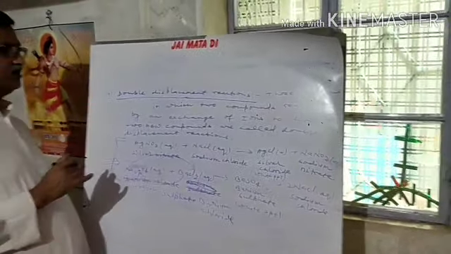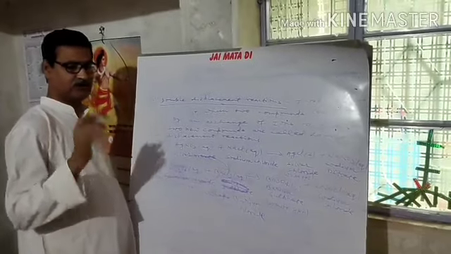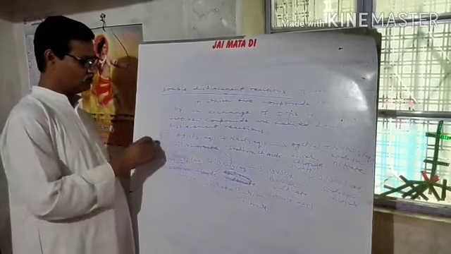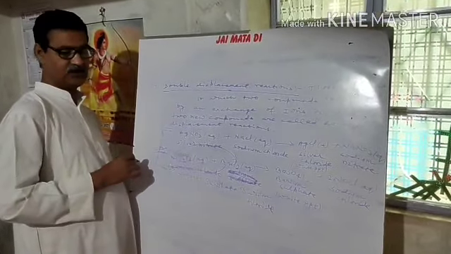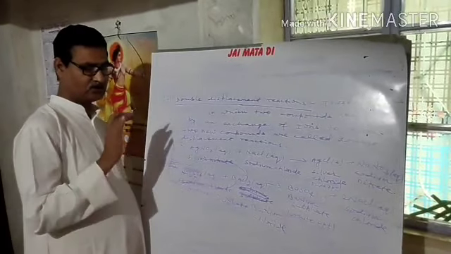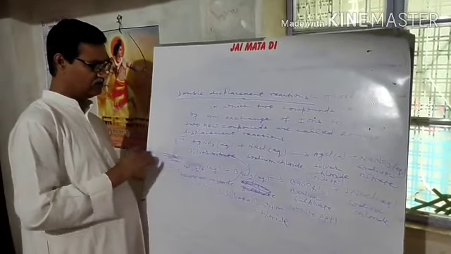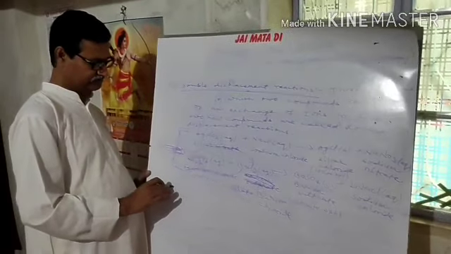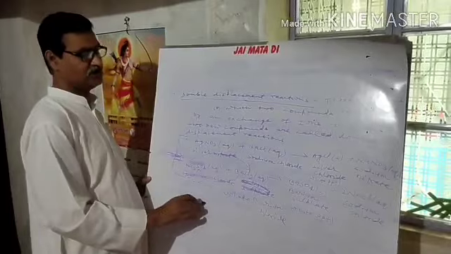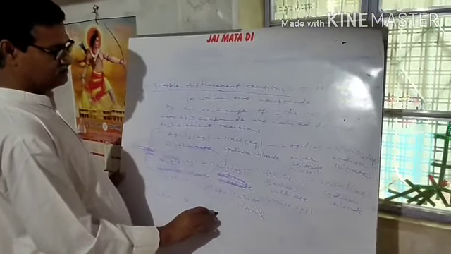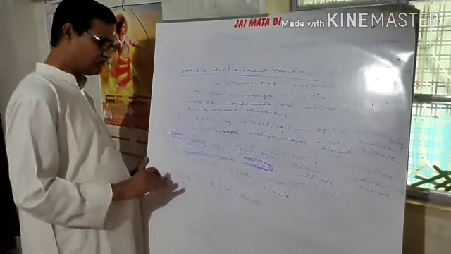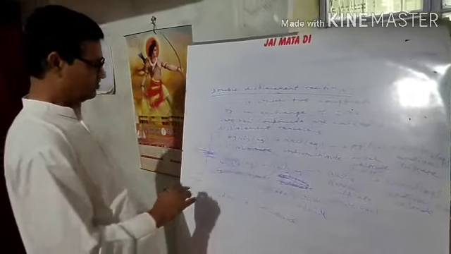Now the next class will be on oxidation and reduction reactions, corrosion, and rancidity. So you understand it and form some questions about these lessons. Now the second topic is oxidation reactions and reduction reactions, and rancidity, corrosion.